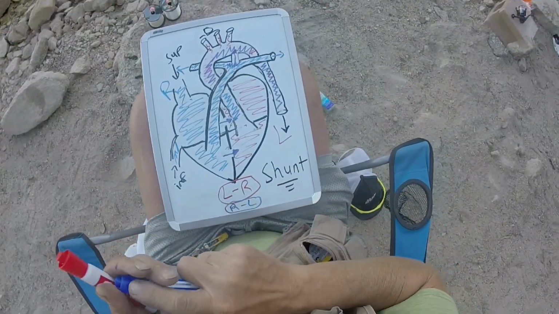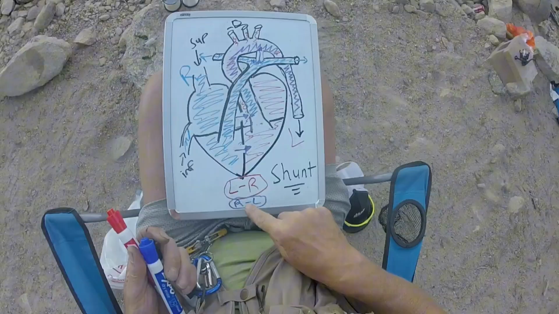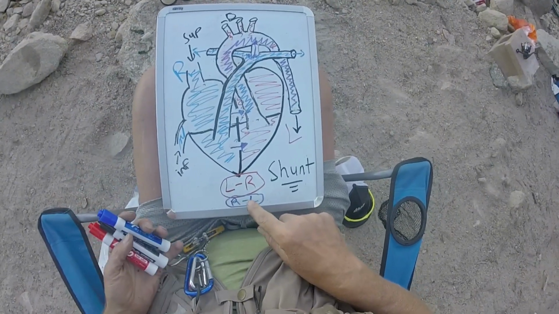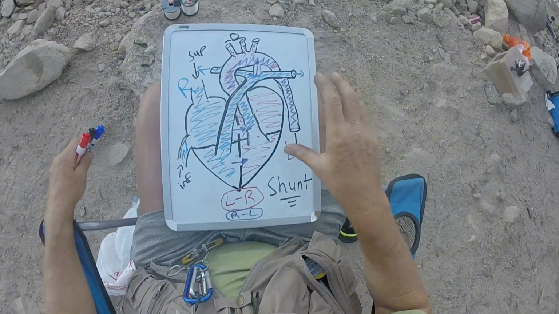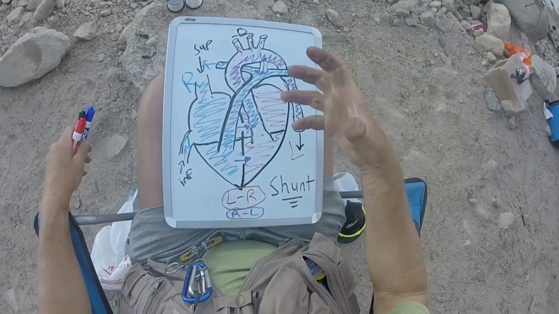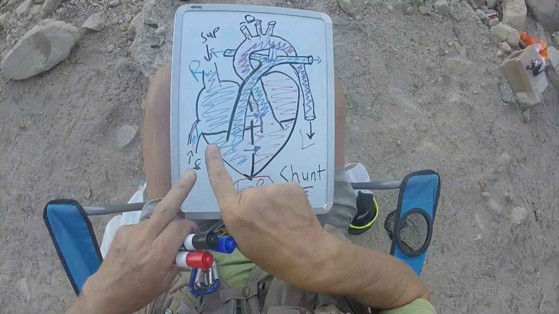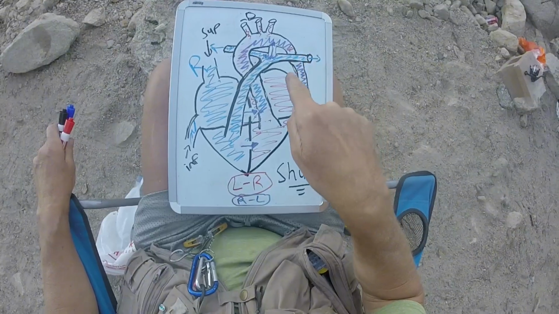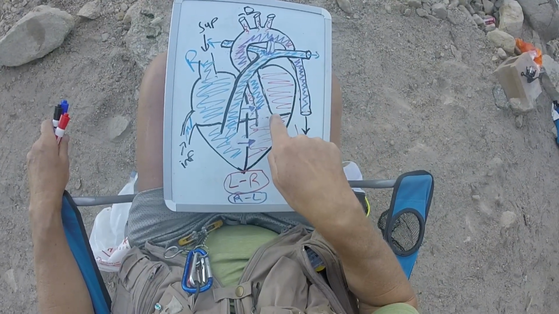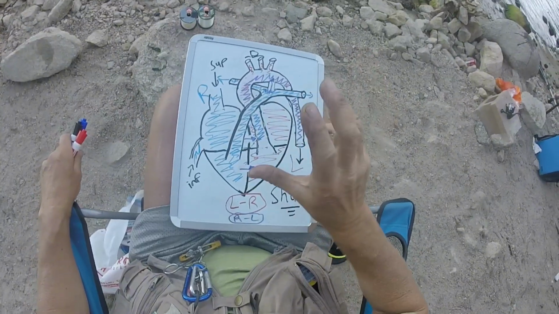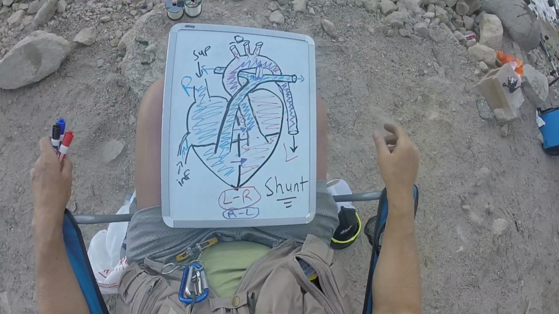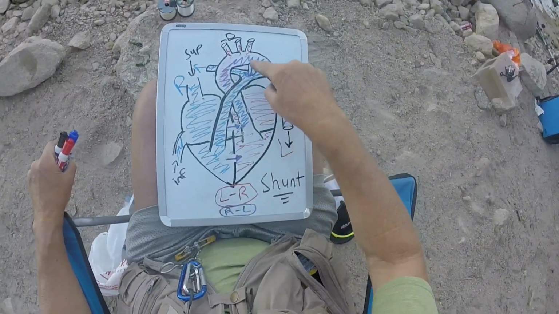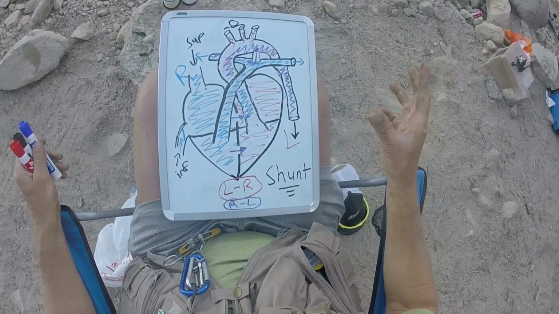The next question, of course, would be, how do you wind up with a right to left shunt? Well, we'll talk about that in a second. But for now, the only way that's going to happen is if the pressure on the right side is higher than the pressure on the left side, which normally would not be the case if we just put holes in here and didn't do anything else.